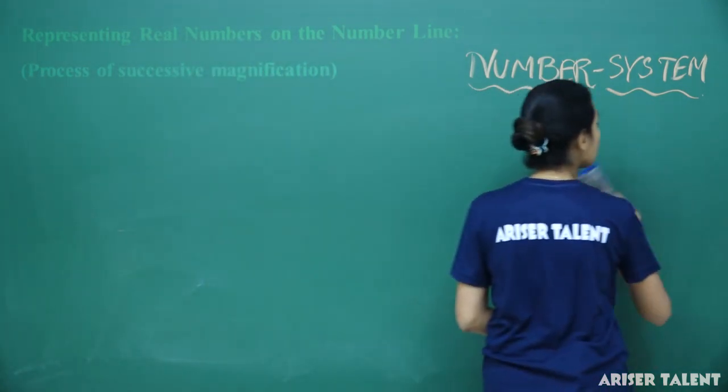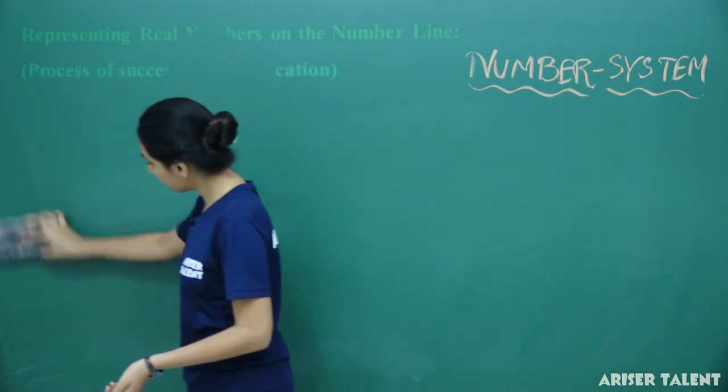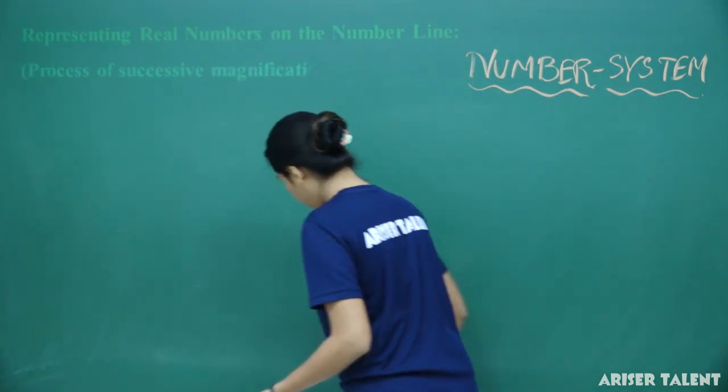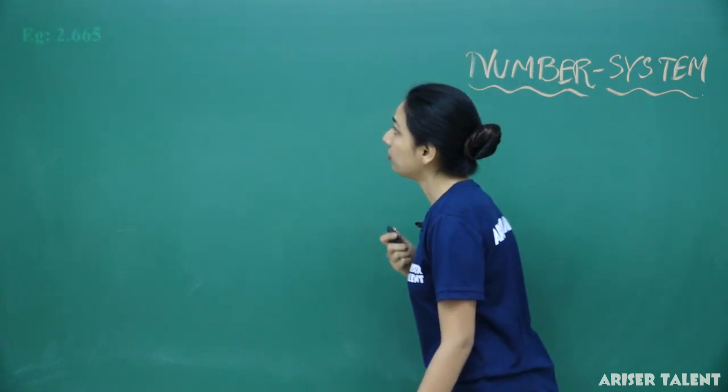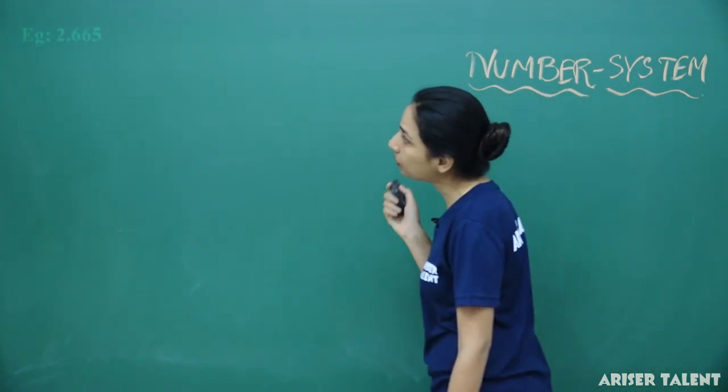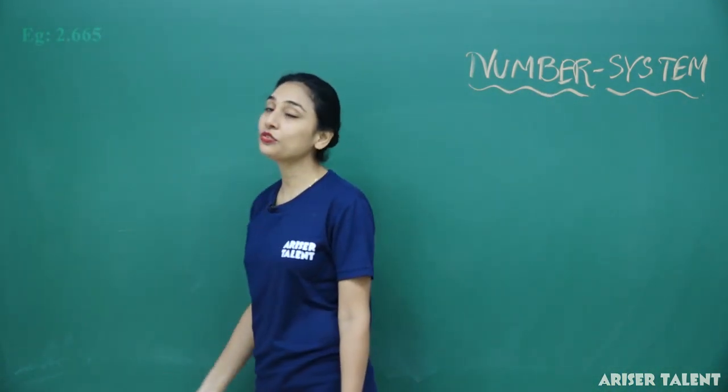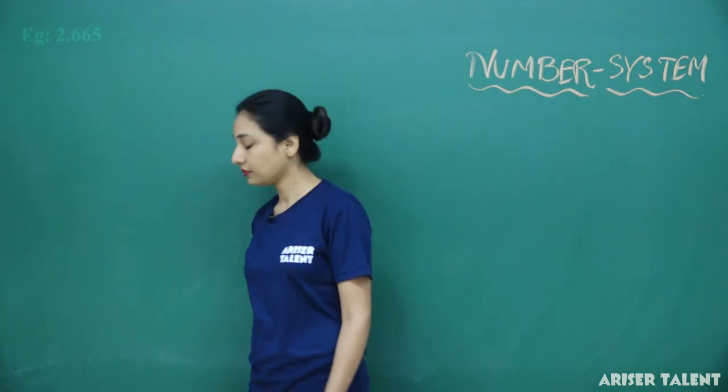Now what we are going to do? We will see the next question, or the example for the same. You have to draw 2.665 on this number line.